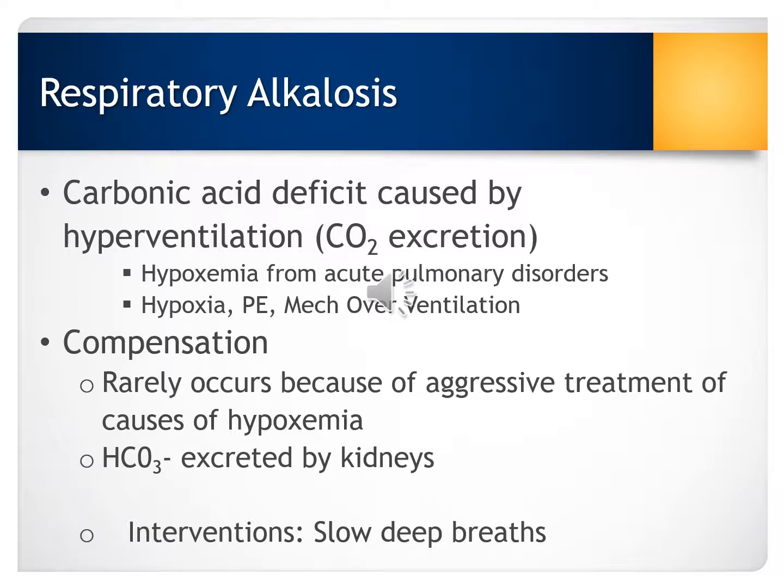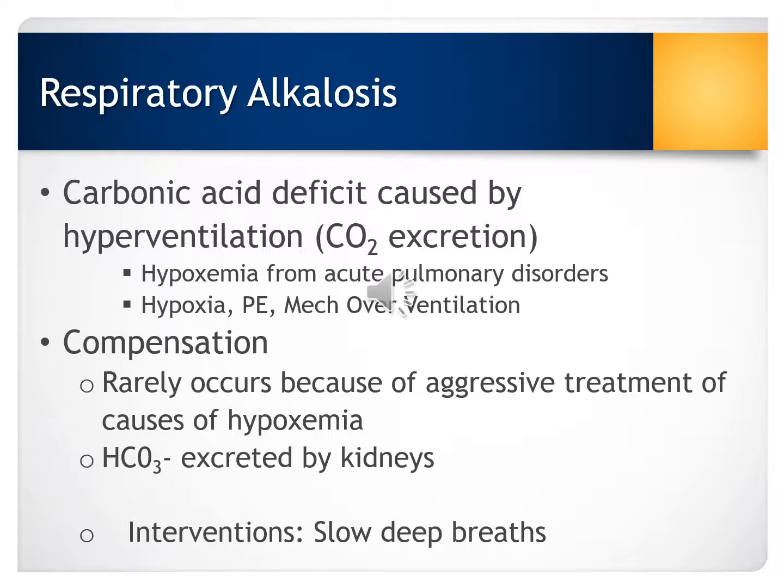Respiratory alkalosis typically occurs with hyperventilation, so the patient is having excessive CO2 excretion. This often occurs with prolonged hypoxemia, and this can happen from acute pulmonary disorders. It can also happen with a patient who has hypoxia, a pulmonary embolism, or a patient who is on a ventilator and is having mechanical overventilation.